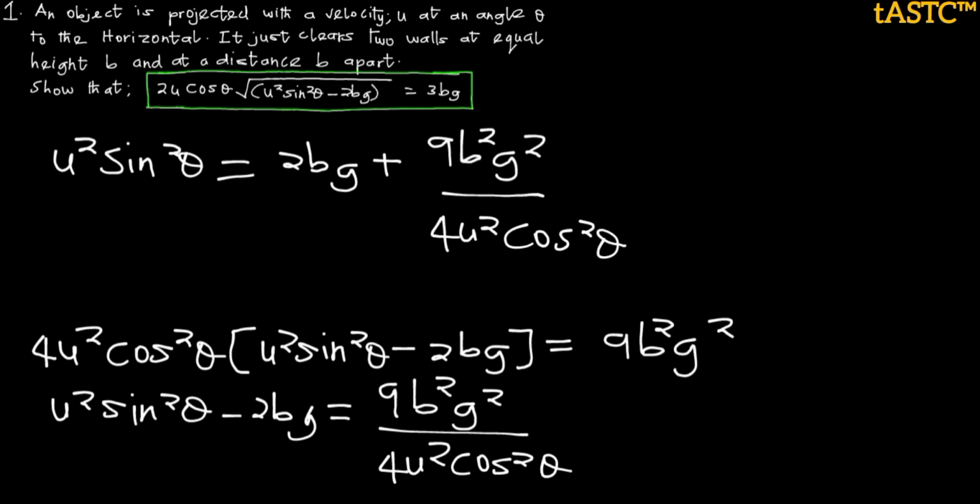So this is what you're going to have. You need to hold these at the back because later on we're going to use it. Specifically this stuff, we're going to make use of this later on. So just hold at the back this stuff, 2bg.